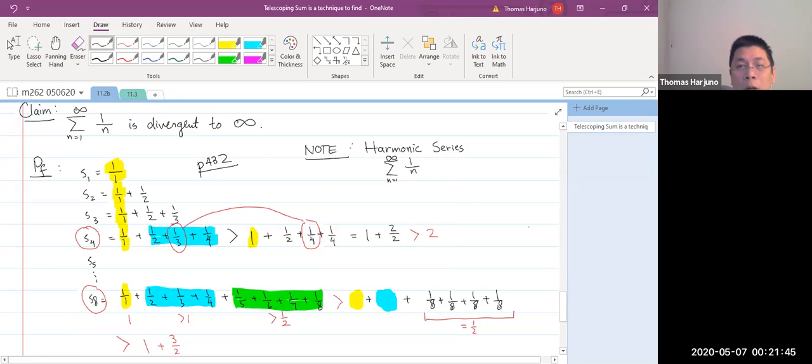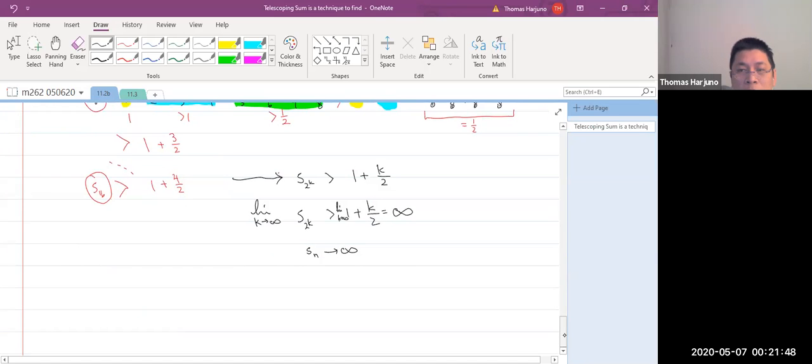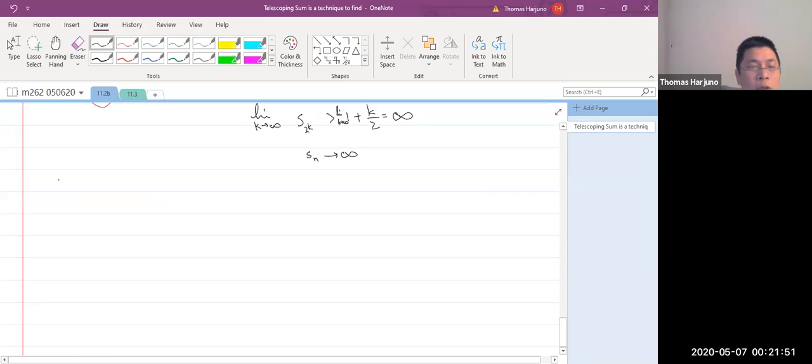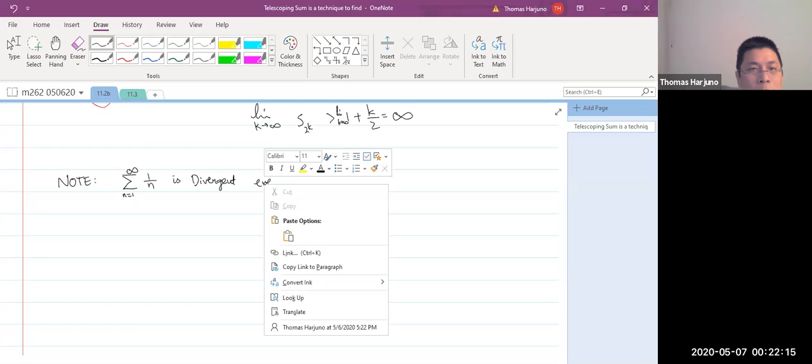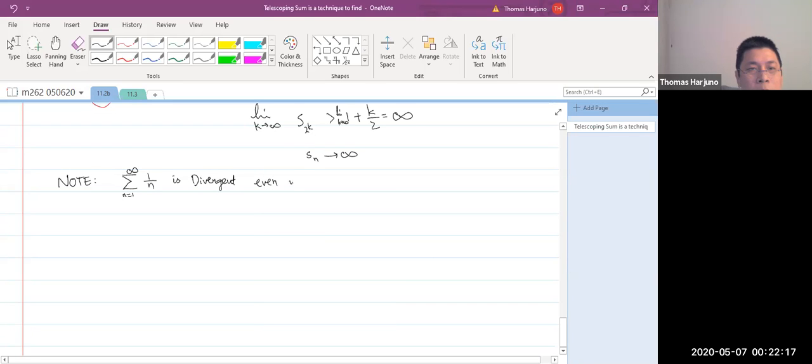Anyway, now why do I need to mention this harmonic series? Because of the following. Note that the harmonic series is divergent even when 1/n converges to 0.